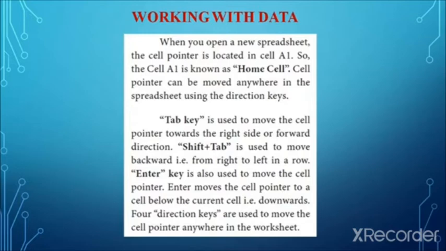When you press the Enter key, the cell pointer will move one step downwards, to the cell below the current cell. Apart from that, we can use the direction keys, the arrow keys, to easily move the cell pointer.